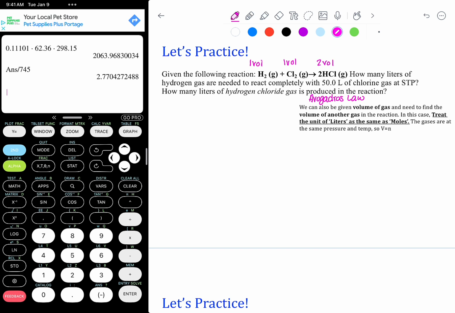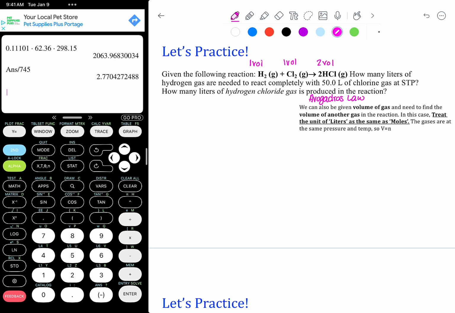So we can also be given a volume of gas and need to find the volume of another gas in the reaction. In this case, treat the units of liters the same as moles. The gases are at the same pressure and temperature, so volume is equal to moles. So our mole-to-mole ratios are turning into volume-to-volume ratios.